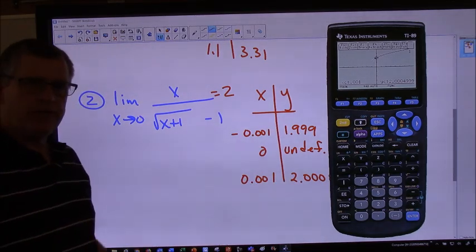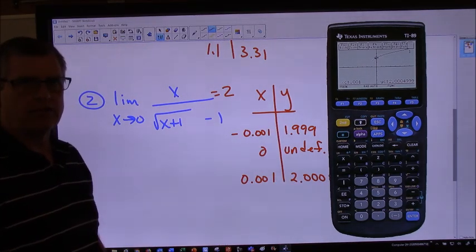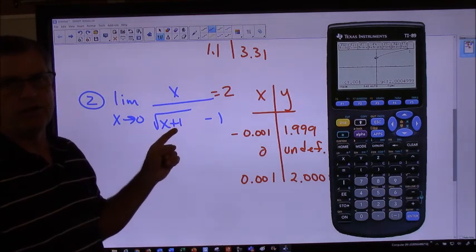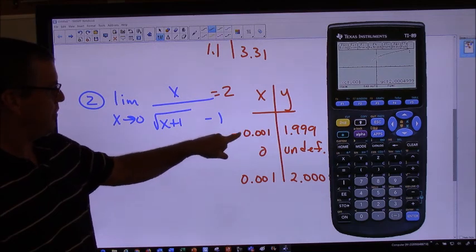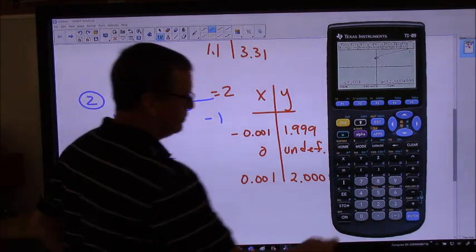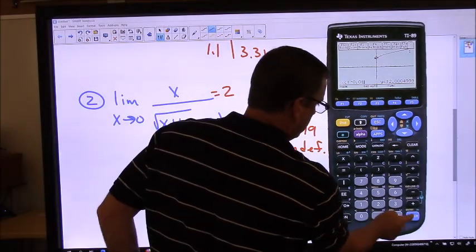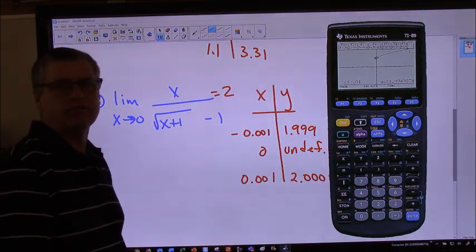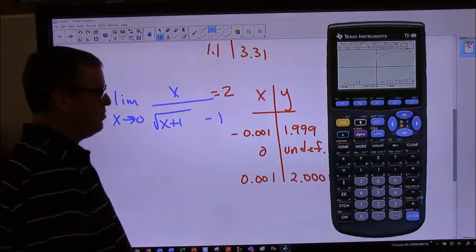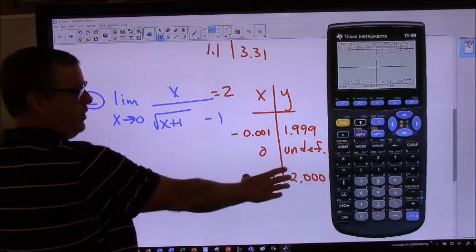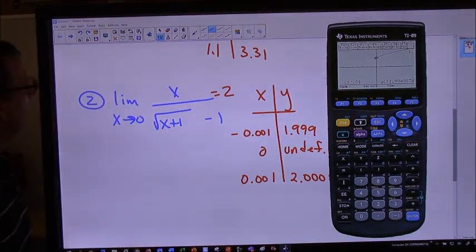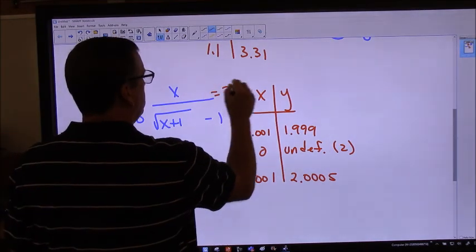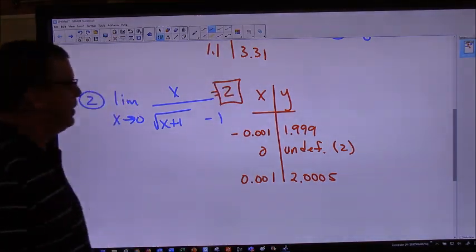So in our book, when they ask you to fill in a chart and you've got to plug lots of numbers in, this is the quick way to do it, is to use the trace feature. If I had to plug in a negative 0.01, there's my y coordinate that I want to write down. Okay, so you can fill those charts in fairly quick using that trace option. All right, so there's my answer. I confirmed it graphically. I can move on to the next one.